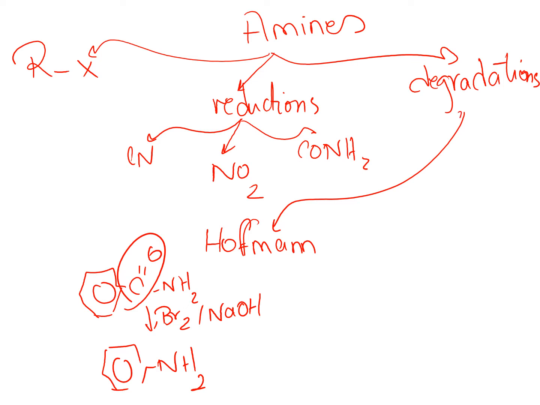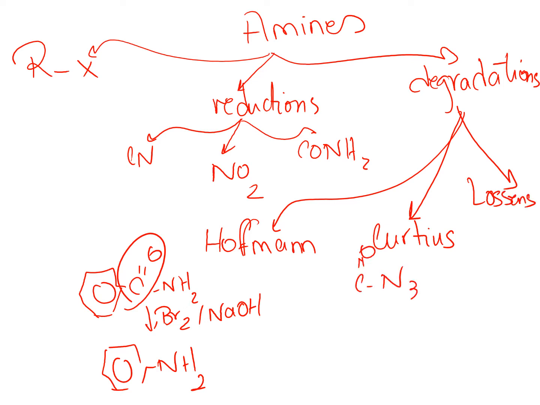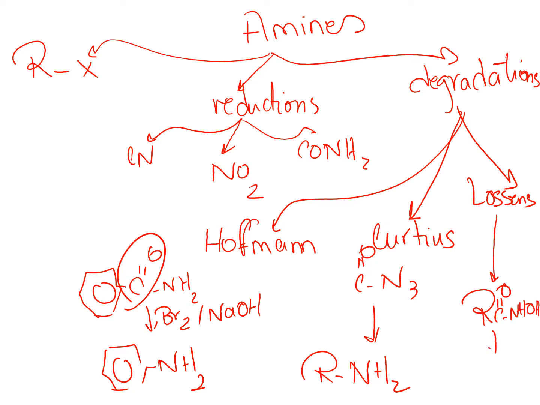If you remember, we had two more reactions, which were Curtius and Lossen. In Curtius, you use the acid azide, and again you will end up with the amine directly attached to whichever group was attached to the carbonyl group. And in the case of Lossen, you use the hydroxamic acid, which is the hydroxylamine derivative, and again you will end up with the primary amine.